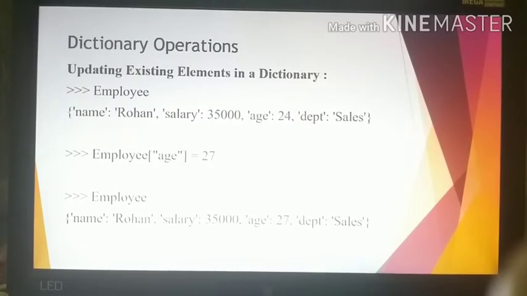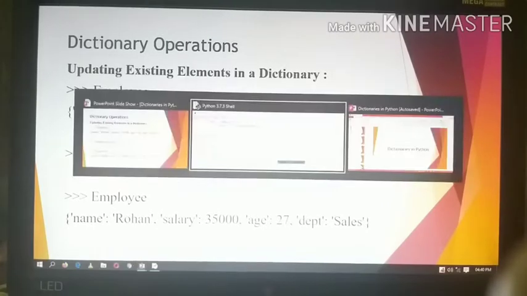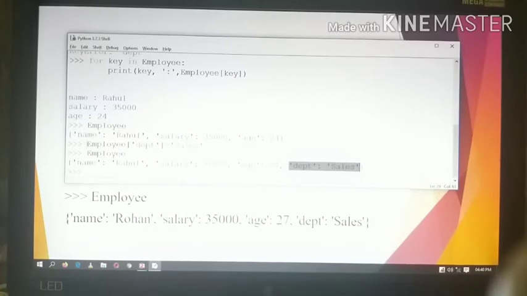Next operation we can do is updating existing elements in a dictionary. If you already have a dictionary and you want to update any of the values in that dictionary, we can also update it.